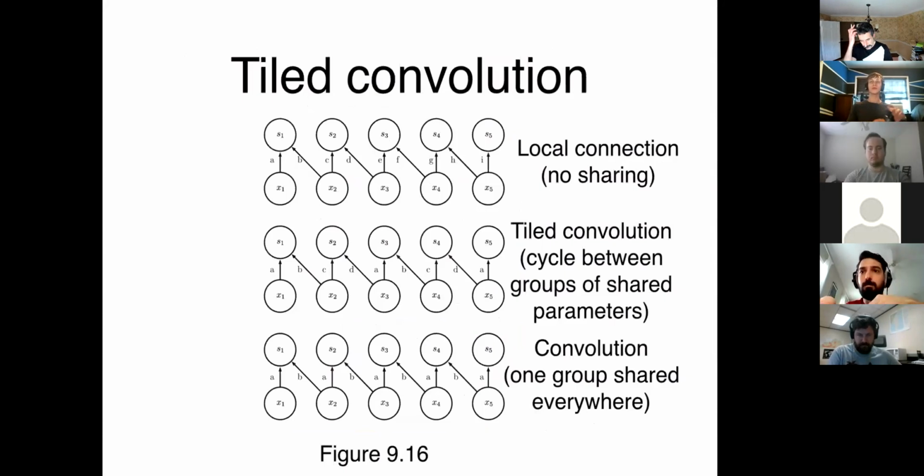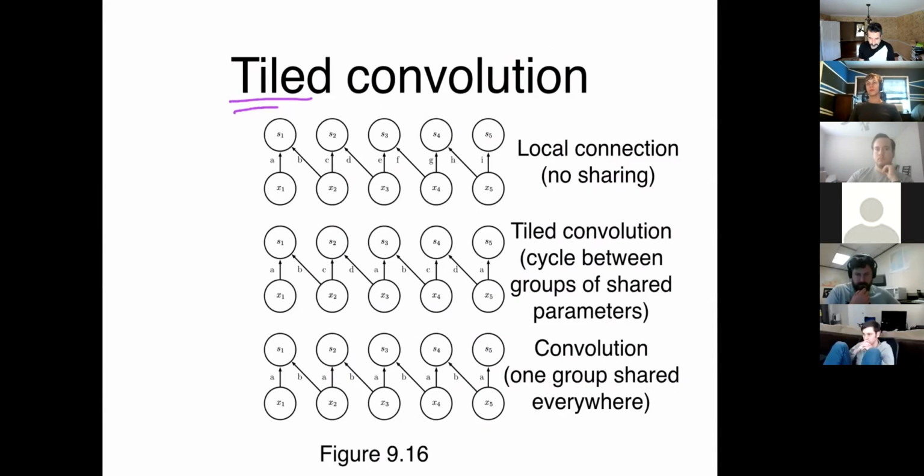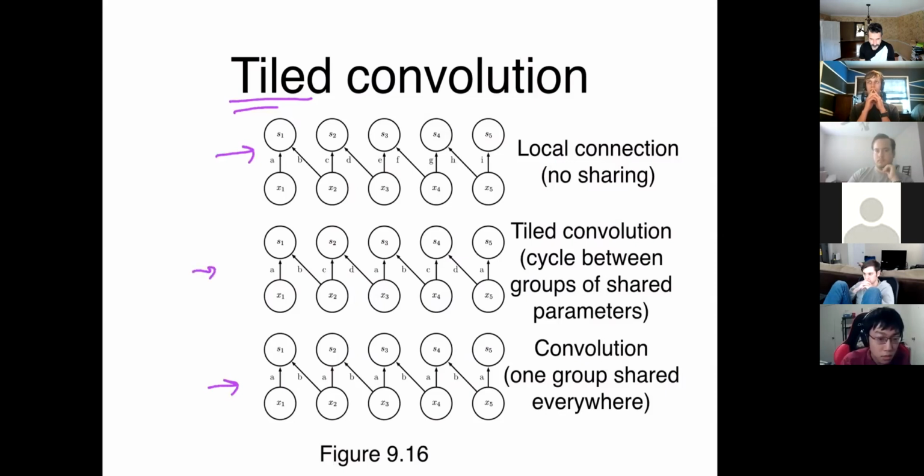You can think of other types of convolution which were at some point popular, like tiled convolution. Previously, this is the normal convolution that we have, right? A, B, we move it down the line. This is the local connection that we just discussed in the previous slide, where there is no sharing going on. But tiled convolution is somewhere in between, where, for example, you have A, B here, and then you have A, B here again, repeated.